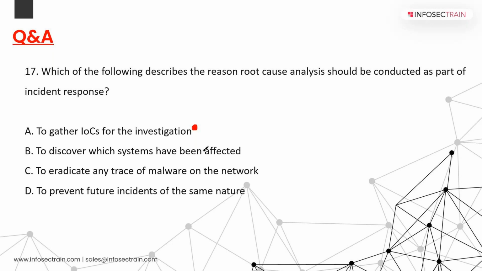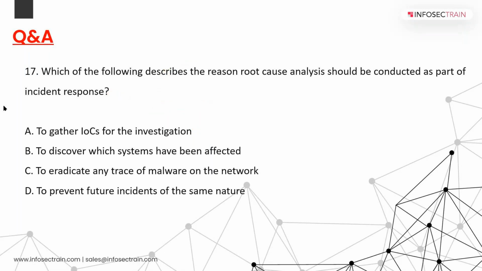You have to select the most appropriate answer, and unless the question itself mentions that you have to select two or three or four options, by default you select only one option.